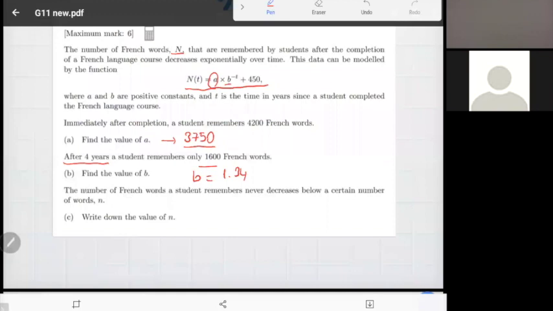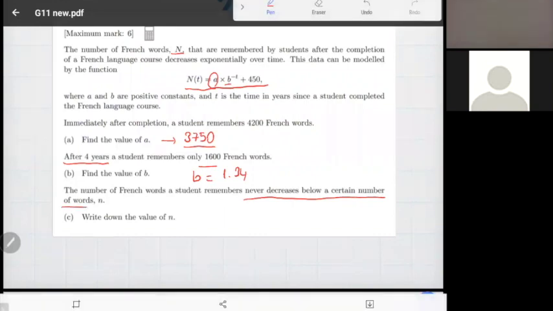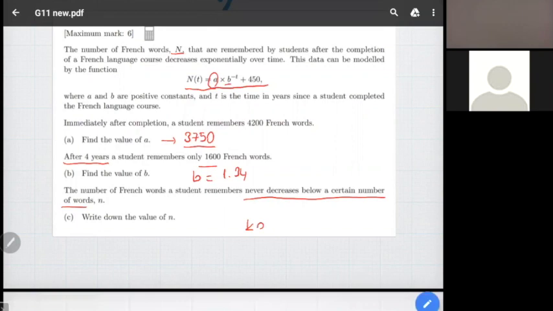In part C, the question asks for the number of French words a student remembers never decreases below a certain number of words. Actually, it means the question is asking for the asymptote of this equation. So if you remember the general form of the exponential equation, it is k times a to the power x plus c.